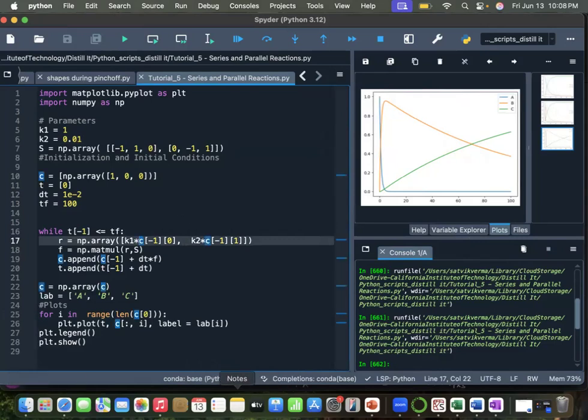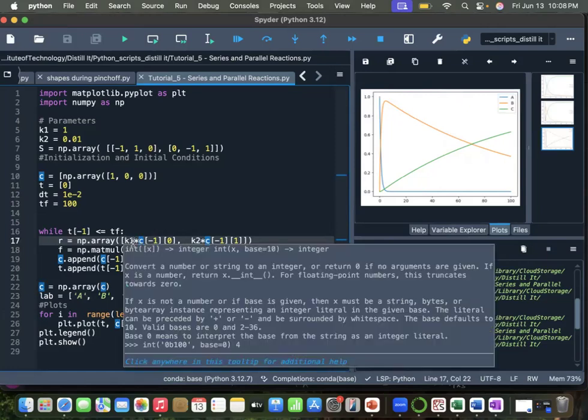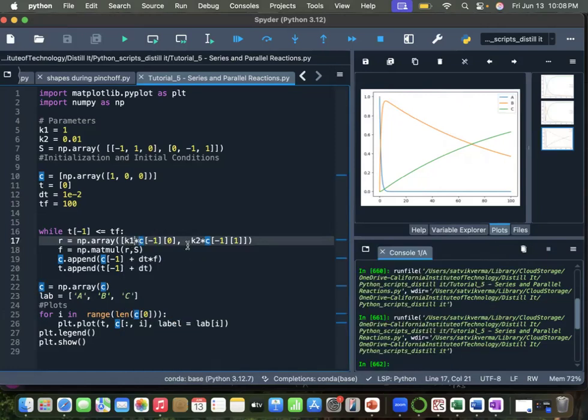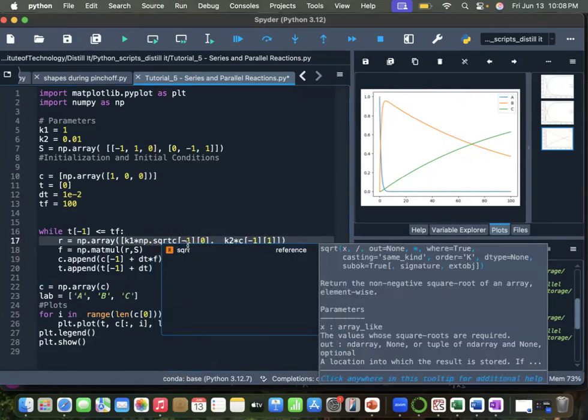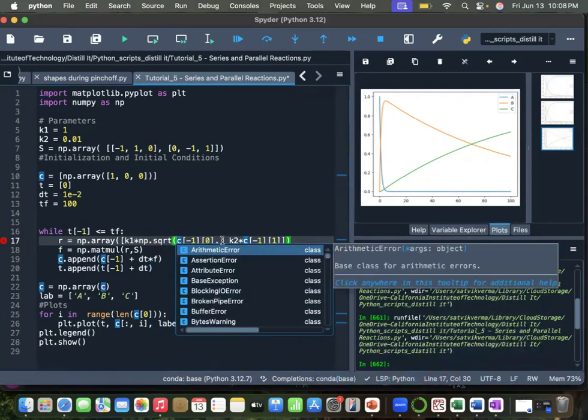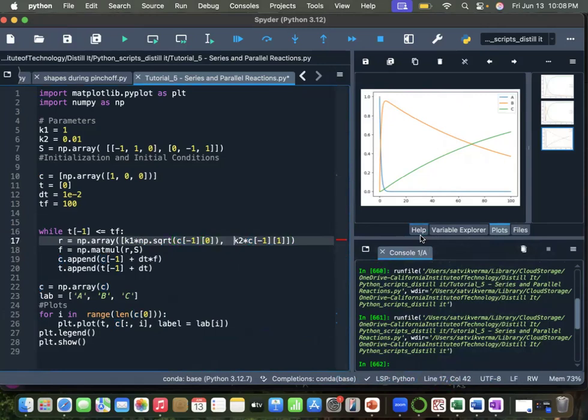So for example, let's say that instead of being a first order reaction, this could be a square root instead of a first order reaction here, right? And let's say this could be a second order reaction here, so it could be something like this, right? So we could still evaluate this without changing anything.